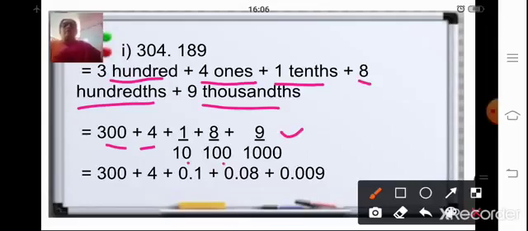Now final answer using the decimal point: 300 plus 4 plus 0.1 plus 0.08 plus 0.009. The only point you have to remember is the digits after the decimal point should be equal to the number of zeros in the denominator. Now here in 1000 there are 3 zeros, so after the decimal point there should be 3 decimal places.